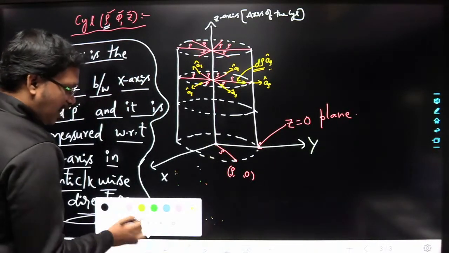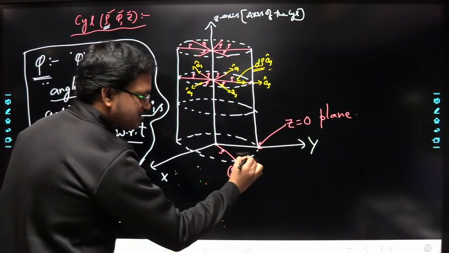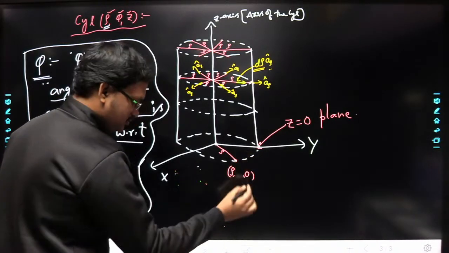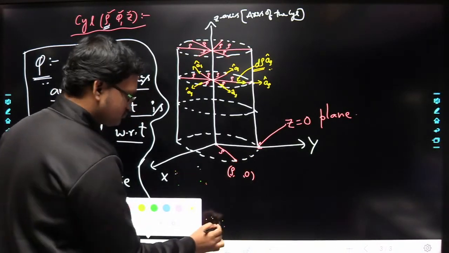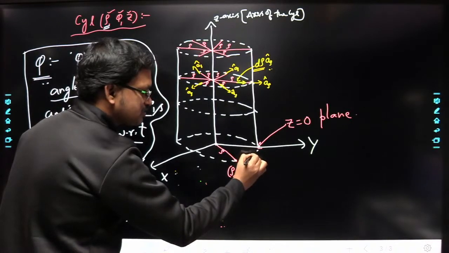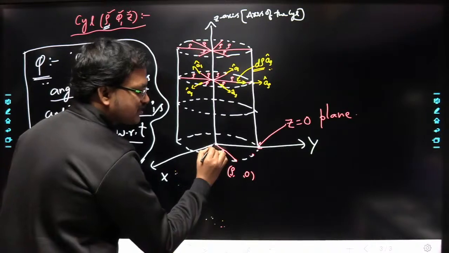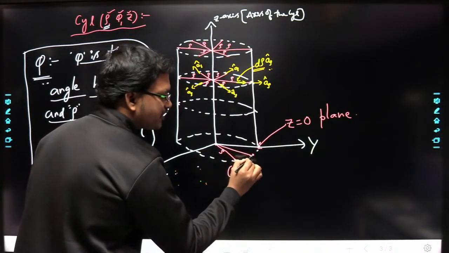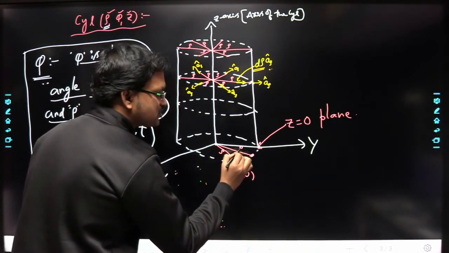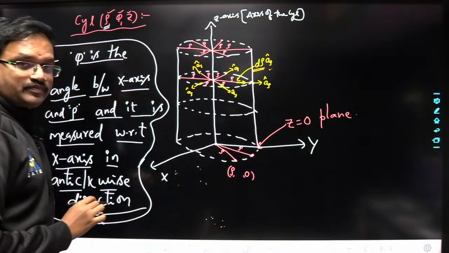Understood? Now I am considering another point here, some point here. So now this point is also at the same normal distance rho from the z-axis.